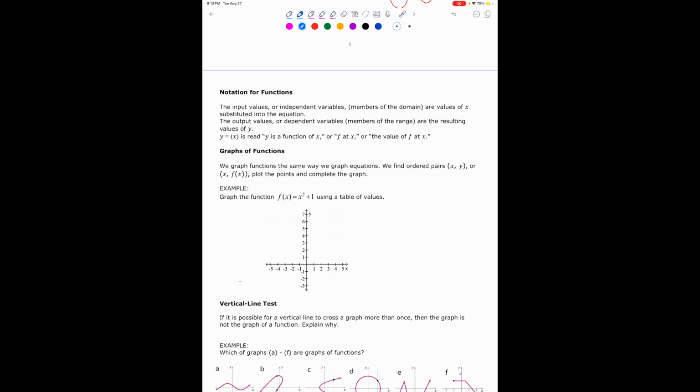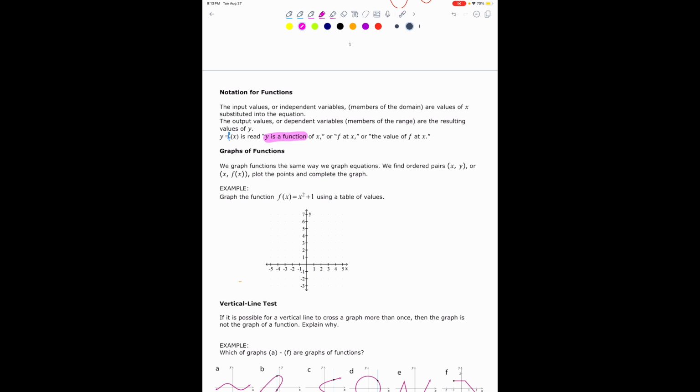The output values or dependent variables, members of the range, are the resulting values for y. y equals f of x, there is a missing f here, is read as y is a function of x, or we say f at x, or the value of f at x. This just means that y is a function of x. Okay, so that is basically the meaning of it, and for short we say y equals f of x.